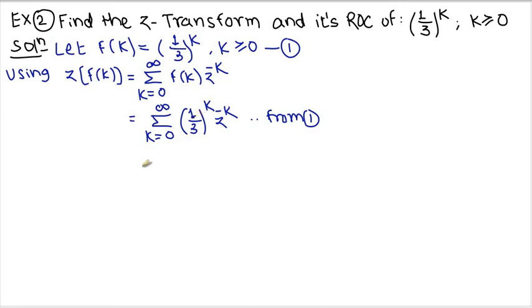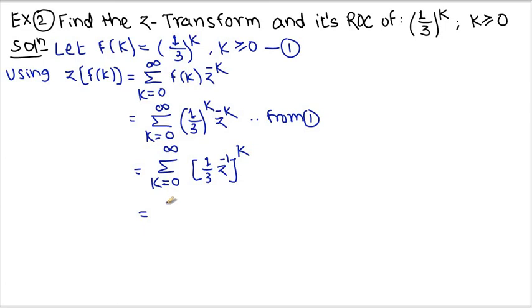Now simplifying, this is equal to the summation over k from 0 to infinity. Again I have to take index k as common. So inside the bracket it will be 1 upon 3, because raised to k is outside the bracket, into z raised to minus 1, right? From these two indices, k is taken as the common index outside the bracket. Now put the value of k one by one. If I put the first value of k equal to 0, the bracket is raised to 0.